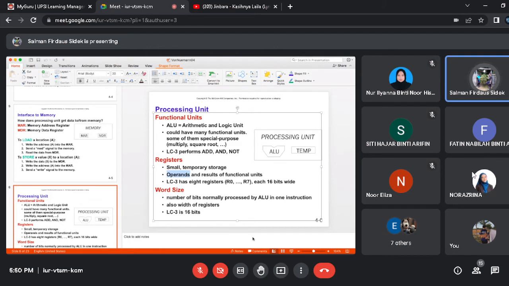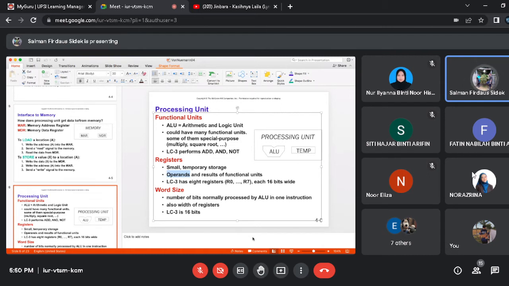My question is very simple. Let's say in the exam I ask you, give me one example of a word. What would you answer on the paper? How can you answer this question? Based on the notes, there's a note, word size: the number of bits normally processed by the ALU in one instruction, also the width of the register.